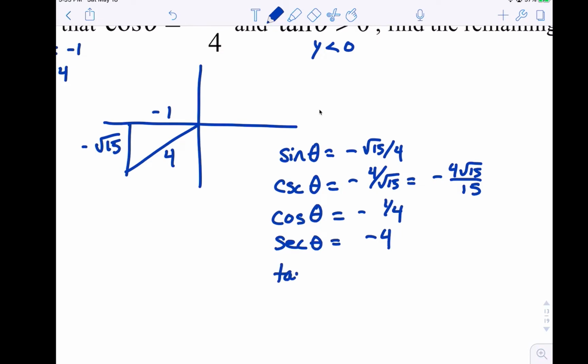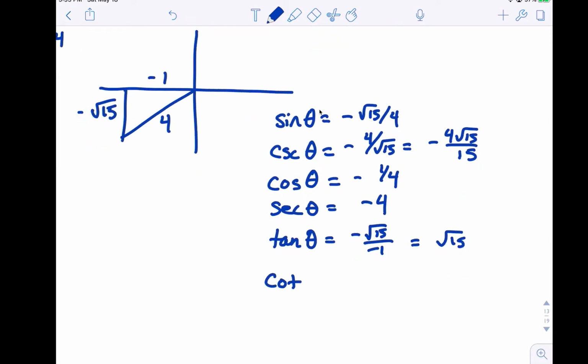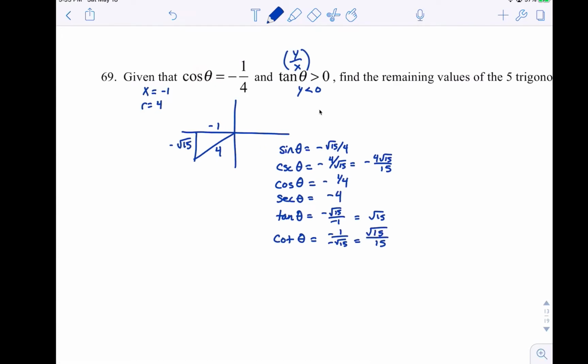And then tangent is negative root 15 over -1, which is just root 15. And then cotangent is -1 over negative root 15, which is root 15 over 15. All right, so those are your 6 values there.